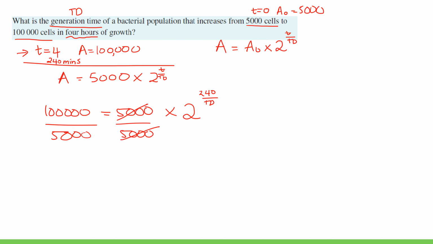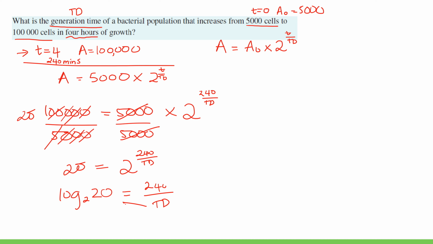Of course, because this is a worded problem, we generally will have our calculator with us, but just in case we don't, then to get this 2 to the other side, we just have to take the log of both sides.